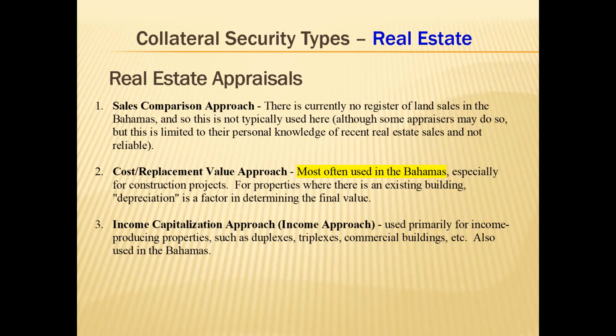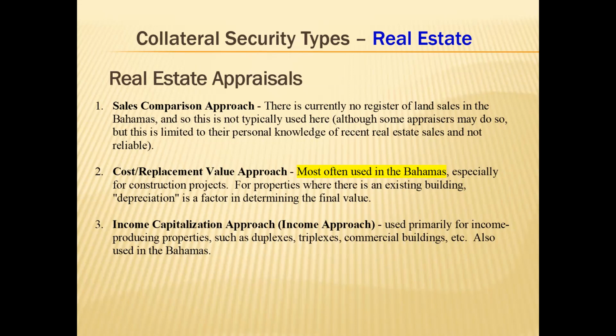the effect of the sales comparison approach kind of dumbs down or lessens the overall value, because cost or replacement value in the Bahamas is kind of high. And so what they were doing is they were trying to say, well, it may cost $100,000, but I can only get it sold for $90,000.